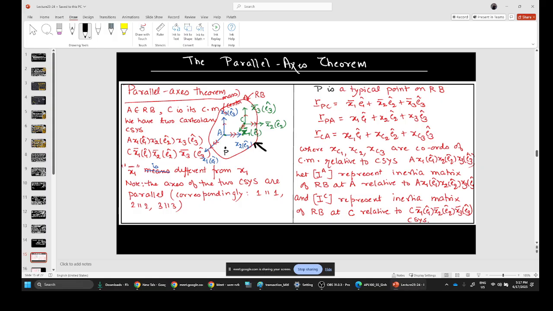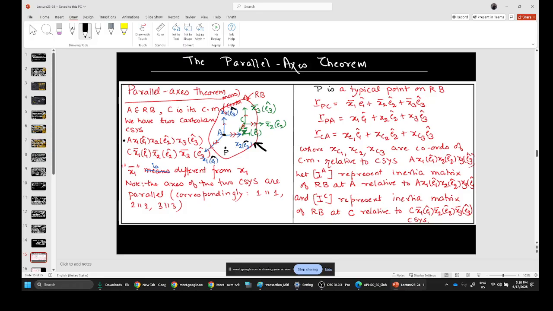Now we are going to put two different Cartesian coordinate systems. The first Cartesian coordinate system is what I have here. A x1 e1, x2 e2, x3 e3. A is the origin of the coordinate system. So clearly this coordinate system has its origin fixed at point A, and then it has three axes which are parallel to E1 hat, E2 hat and E3 hat.